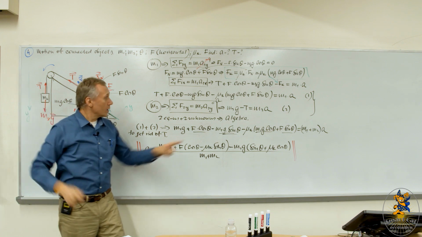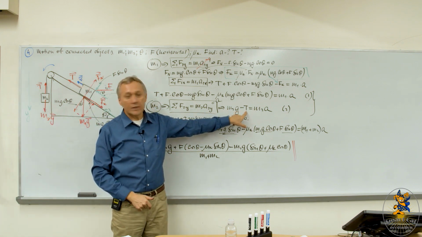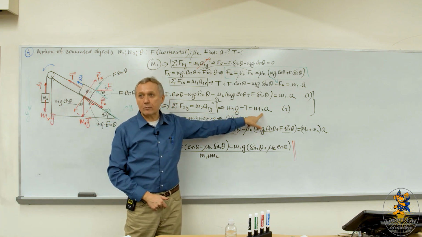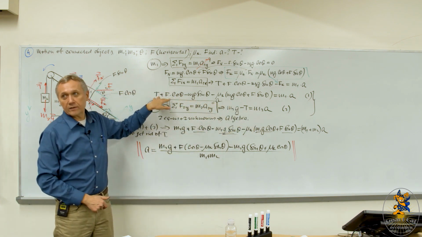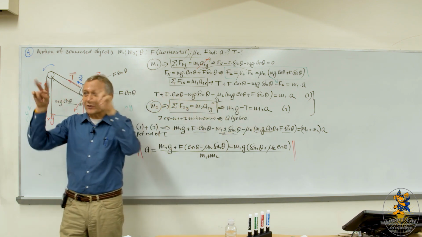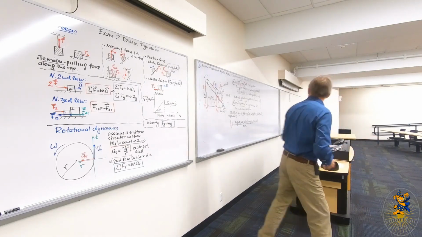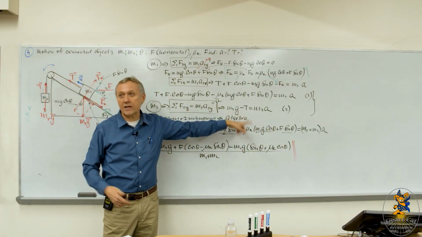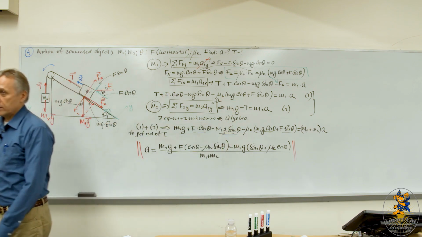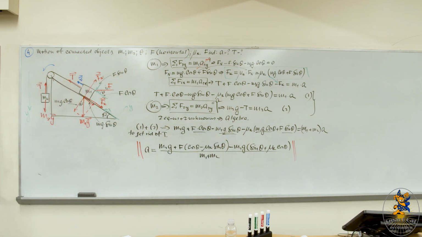You can extract T from here. T will be equal to M2G plus M2A, and plug it over here. But I'm skipping half a step or one step. I just add equation 1 to equation number 2 because this tension is positive, here tension is negative, immediately it disappears. Just some mathematical tricks which can be easily applied.